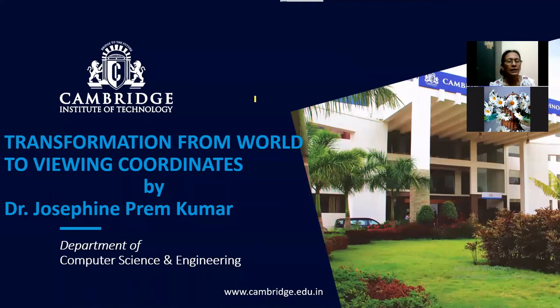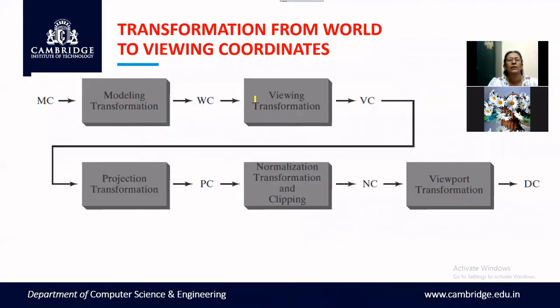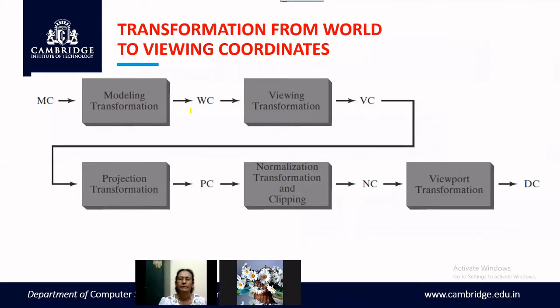Next, we see the transformation from the world to the viewing coordinates. So, what we have seen in the 3D viewing pipeline is we define the object in the model coordinates.